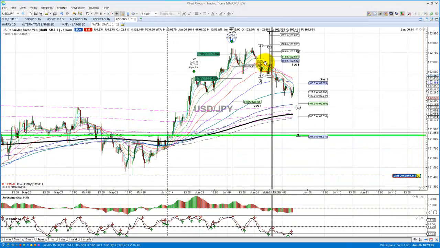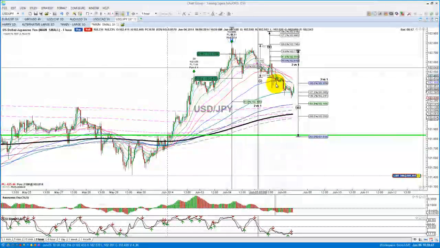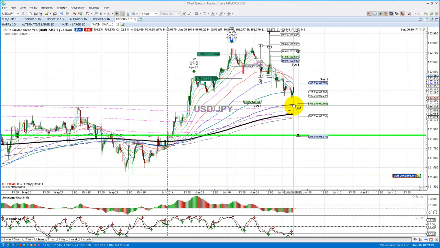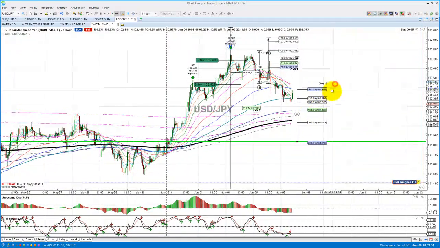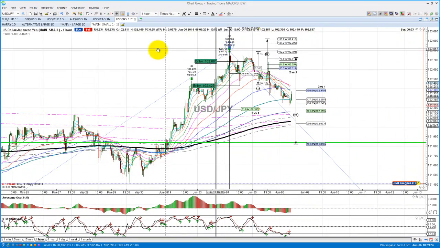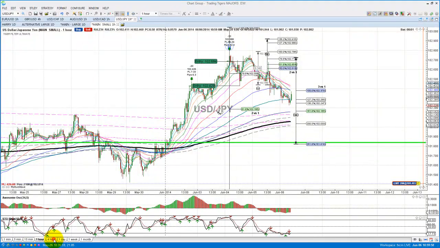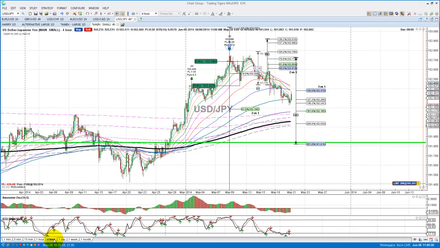I'm still expecting price to come down and knock out this wave 3. It'll go up for a wave 4, and the overall direction I'm seeing is down.